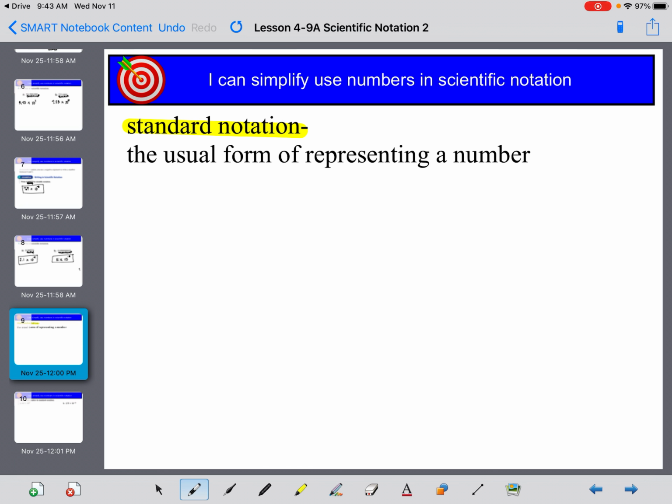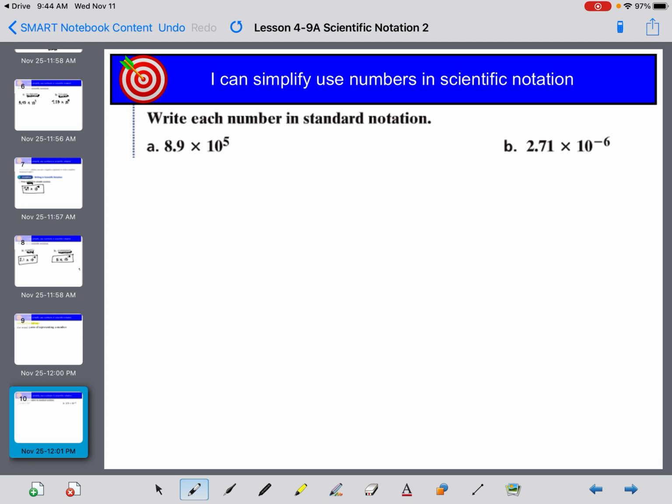Now, standard notation has the same definition in scientific notation as it does in exponential form. When we're dealing with exponents, we define standard notation as the usual form of representing a number. The same is true here. These are given to us in scientific notation.